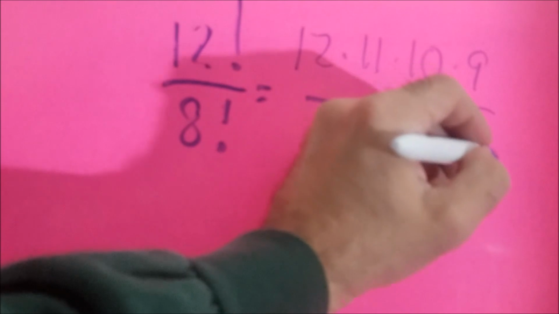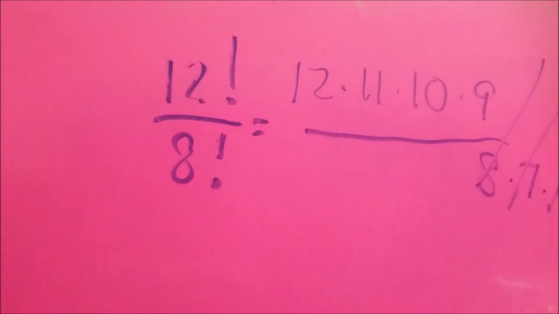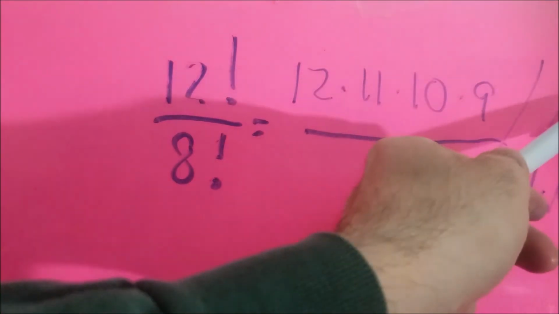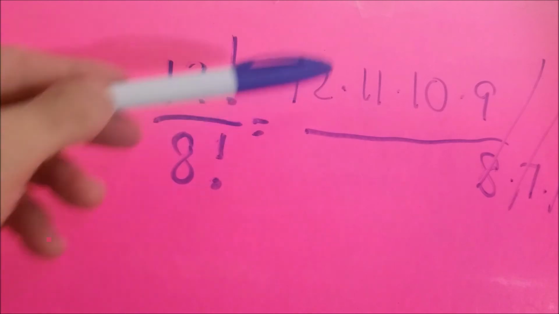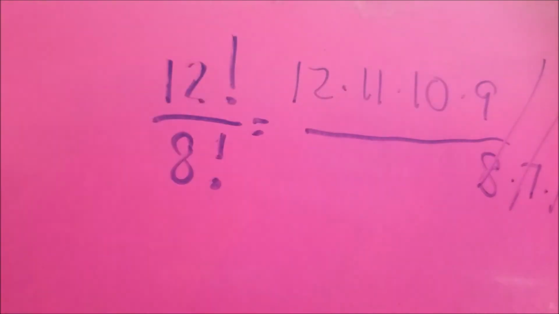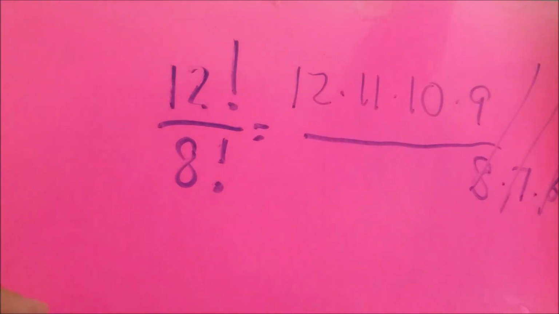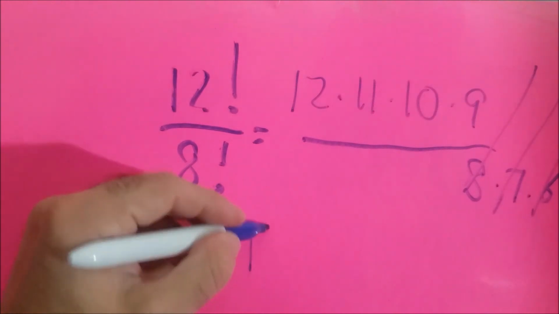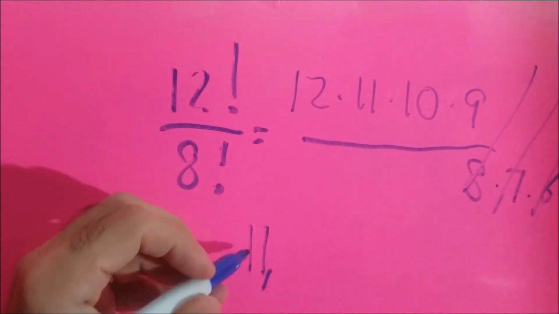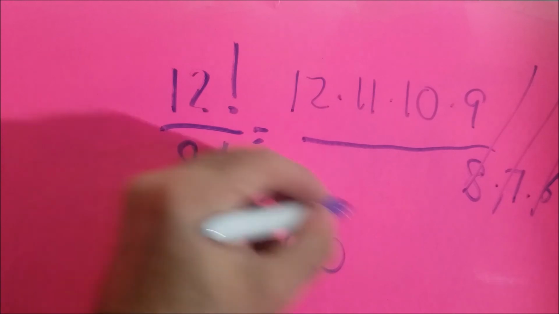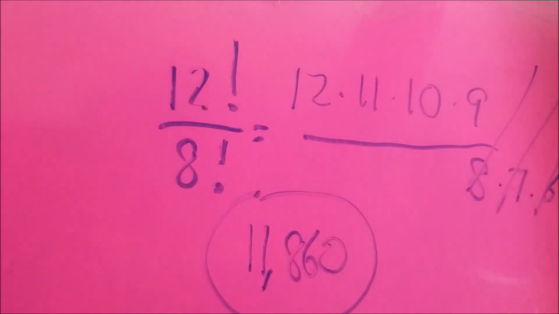Because 8 times 7 times 6, all that gets canceled, because up here you're going to have 8 times 7 times 6 times 5 and so on. So you're just left with 12 times 11 times 10 times 9. Right? And that's going to give you 11,880. Big number.